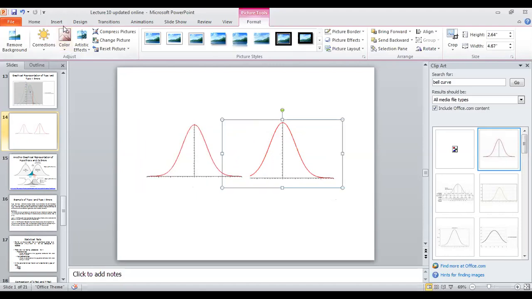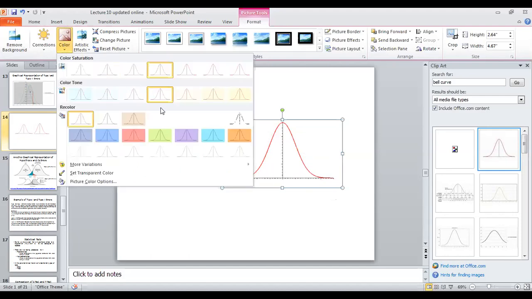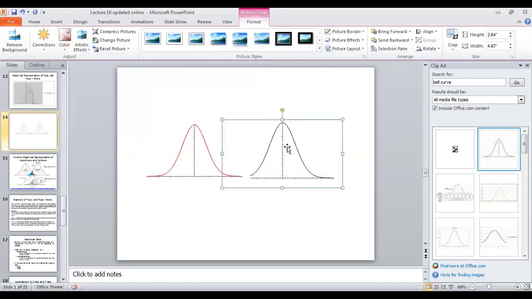And let's change the color of this one so that it becomes different from the first one. Yes, the black would be different from the red, so observable.